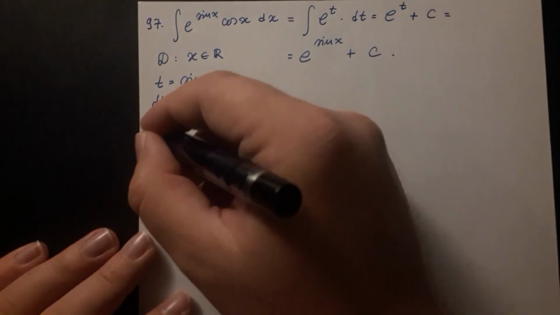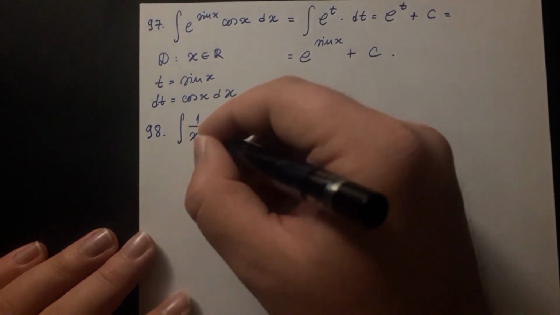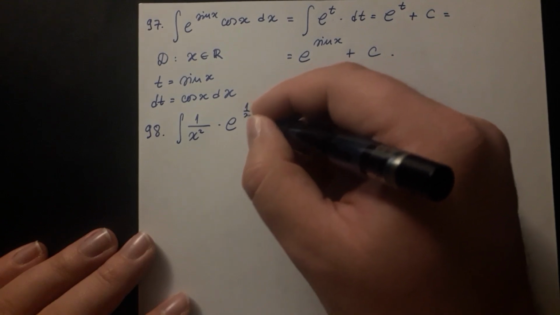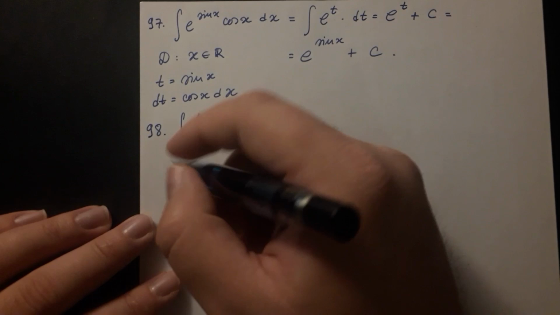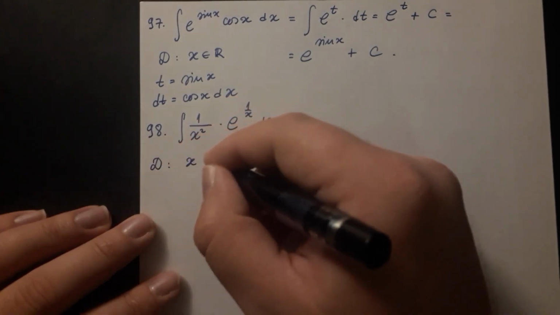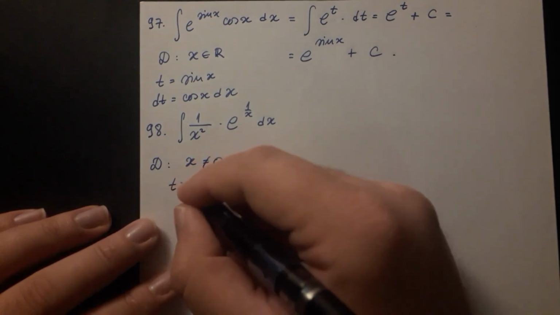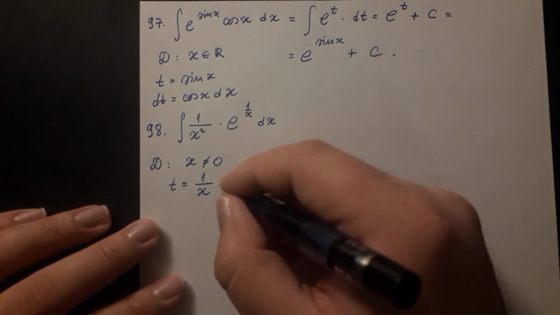Problem 98 is an integral of 1 divided by x squared times e to the power 1 divided by x dx. This integral is defined for all x's which are different than 0, and it can be solved by using the substitution that t is equal to 1 over x.